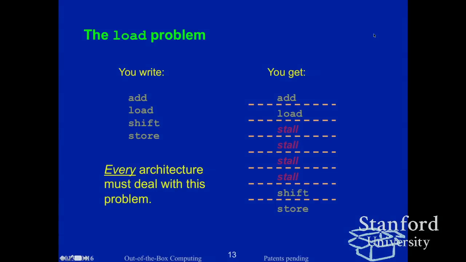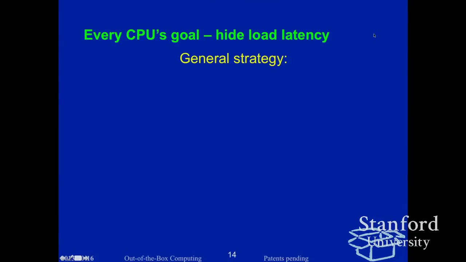Every architecture has this problem. They all must address it. And the goal is to hide load latency. There is a general strategy which all architectures that attempt to address this follow.